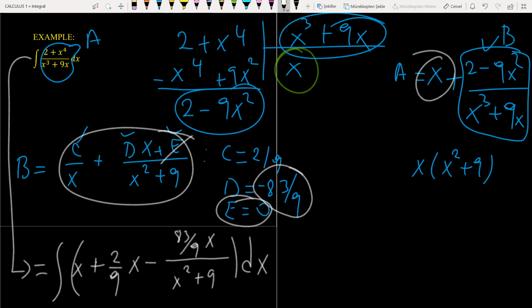So this is the final version of the integral. I think it's very easy to solve this integral.